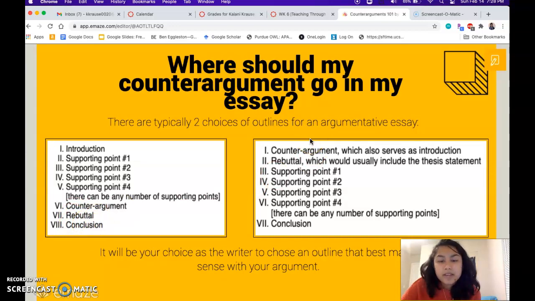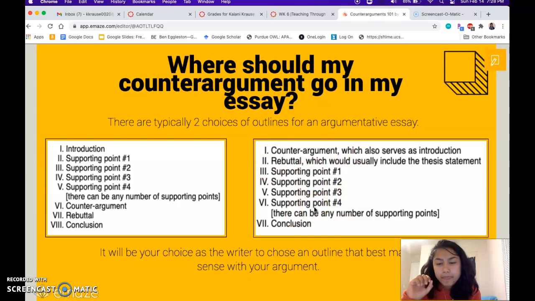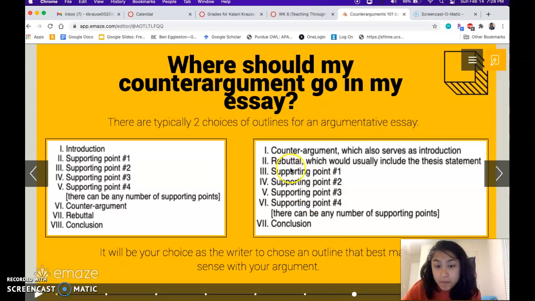The second type of outline is more for if your argument as a whole is contingent on rebuttaling against a specific counterargument. So that means your rebuttal would be your thesis statement.